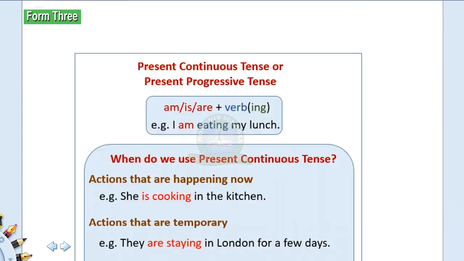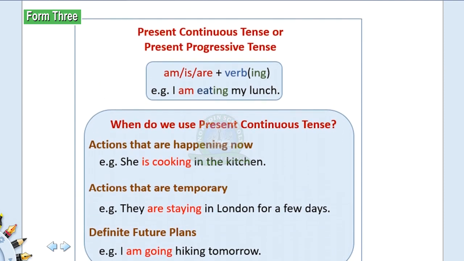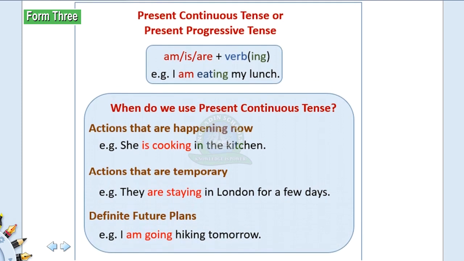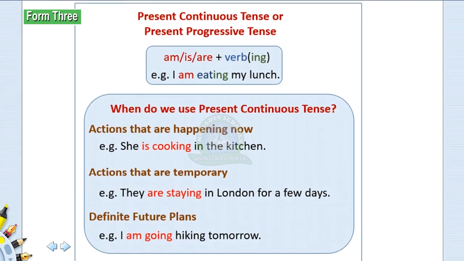These are the uses of present continuous tense. We can call it present continuous or present progressive, as I said earlier. This is the form. Present continuous tense has the verb to be, am, is, are, and the verb plus ing.